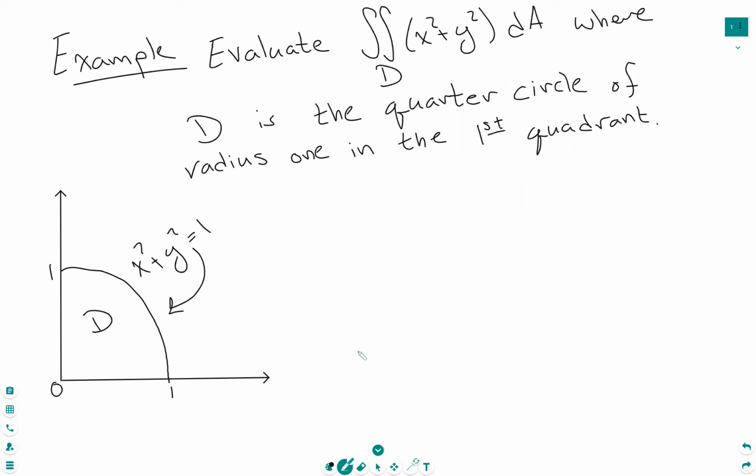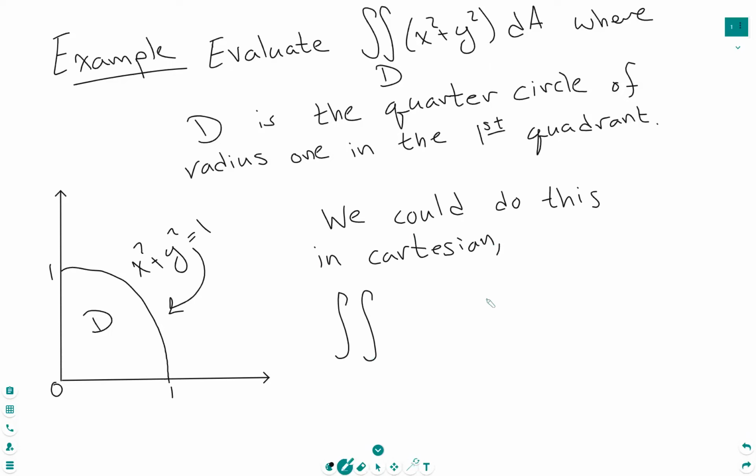So we could try to do this in Cartesian. Let's see what happens if we do this in Cartesian. One way to write this, we would have to write the double integrals out, and then we would have the integrand x squared plus y squared.